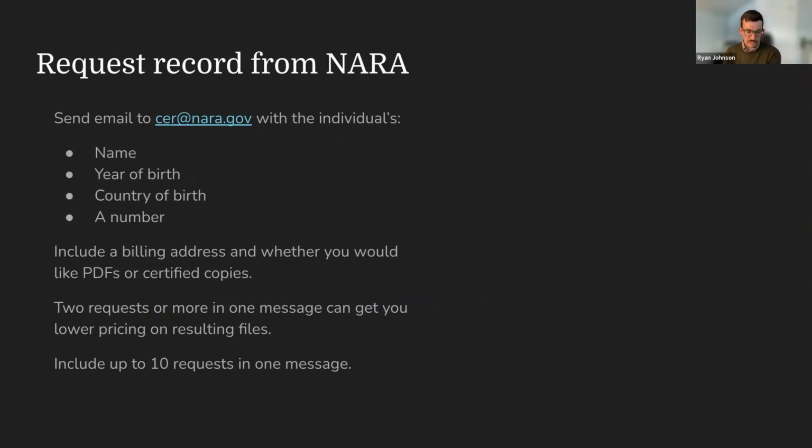Typically, we don't need certified copies unless you're working on dual citizenship, which is usually why people get certified copies from NARA, or some other reason. For genealogy research, we can just order the PDFs. They'll get delivered to us electronically. As I mentioned earlier, if you do 2 or more requests, up to 10, you'll get a better price on the records.